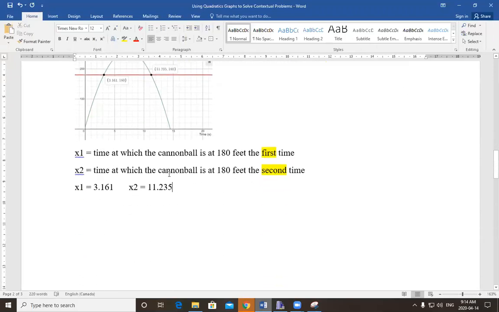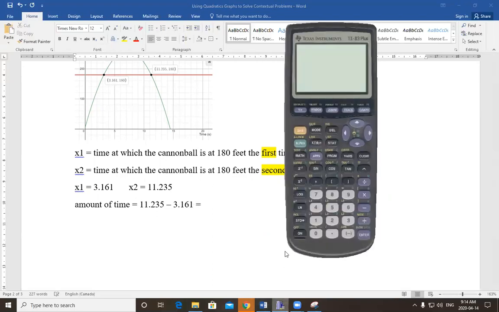So now the amount of time is going to equal x2, which is 11.235, and we're going to subtract x1, 3.161. So 11.235 minus 3.161, and you get 8.074.